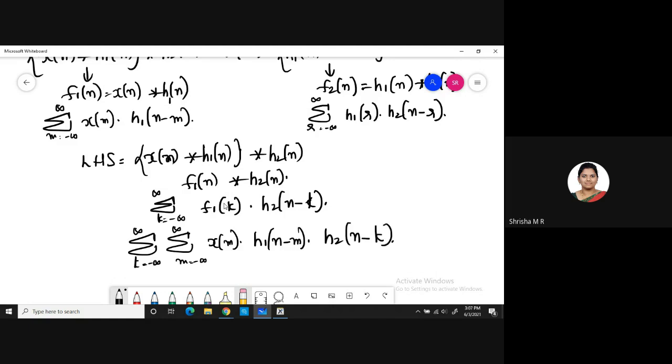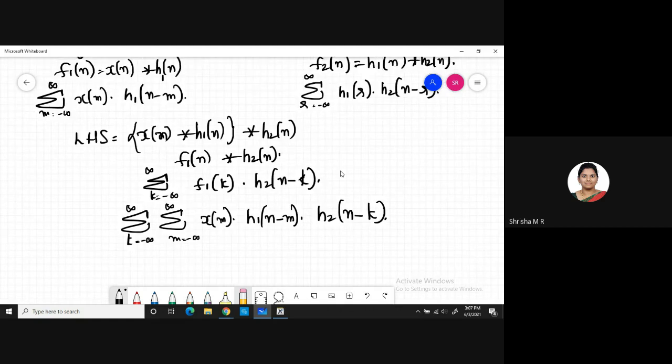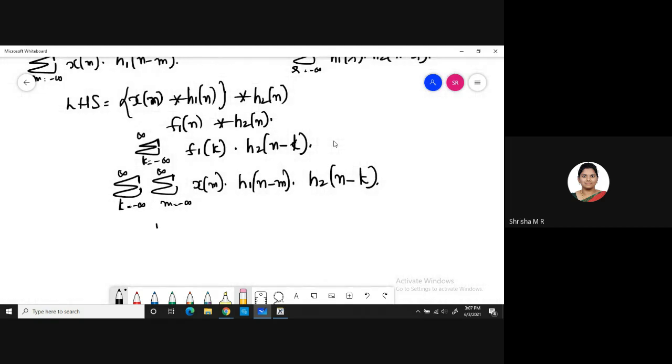Now we shall separate these terms: summation m equal to minus infinity to infinity x of m into summation k equal to minus infinity to infinity h1 of n minus m into h2 of n minus k.